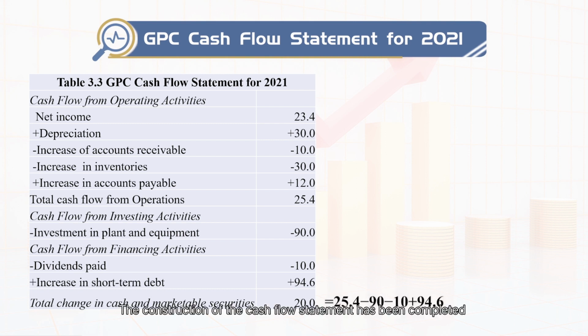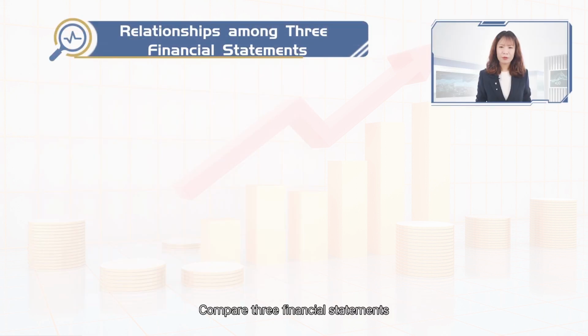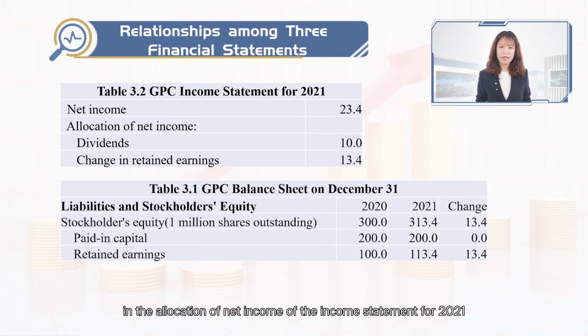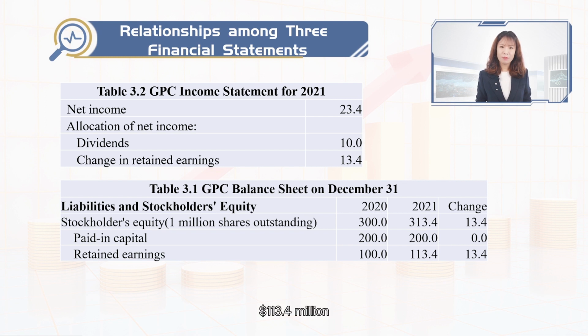The construction of the cash flow statement has been completed based on the balance sheet and the income statement. Comparing the three financial statements, some relationships among them can be found. For example, in the allocation of net income of the income statement for 2021, the change in retained earnings, $13.4 million, plus the retained earnings of 2020 in the balance sheet, $100 million, equals the retained earnings of 2021, $113.4 million.